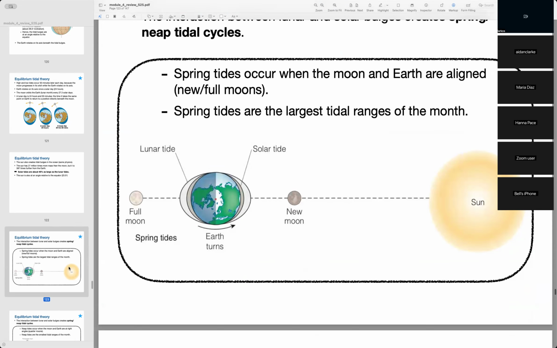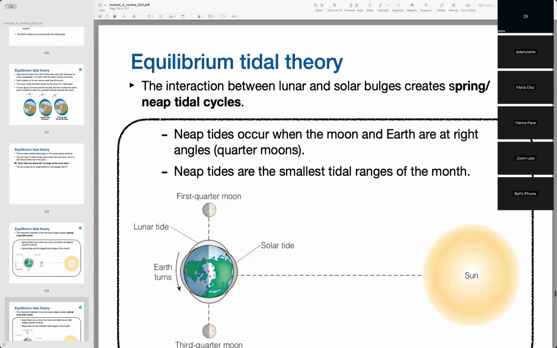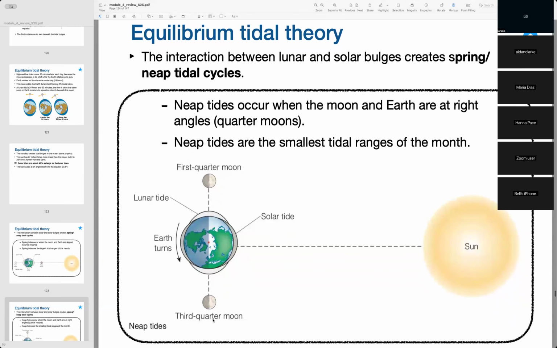And when the sun and the moon are at 90 degrees to each other, so that's now the first quarter moon or the three-quarter moon, these bulges don't add, but they superimpose such that the solar bulge is associated with the low of the moon, and the moon bulge is associated with a low sea level associated with the sun.